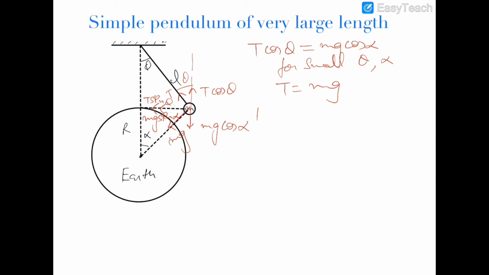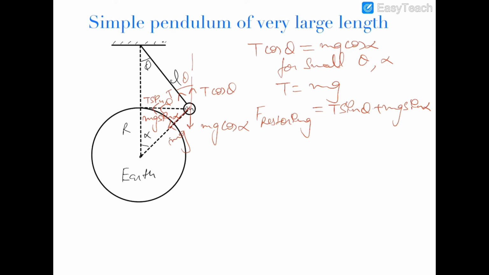Now the restoring force is the force which is bringing back this ball to the mean position, and this position is the mean position. So the restoring force will be T sin theta plus mg sin alpha.